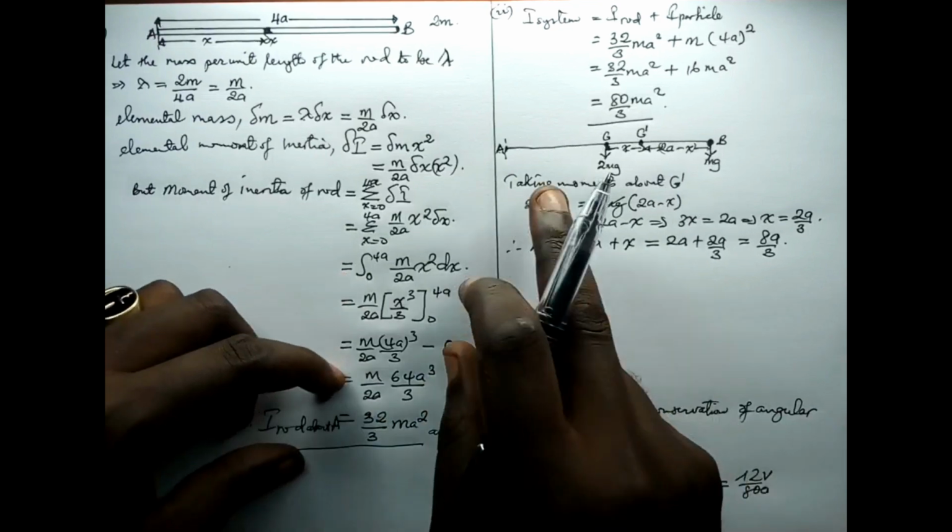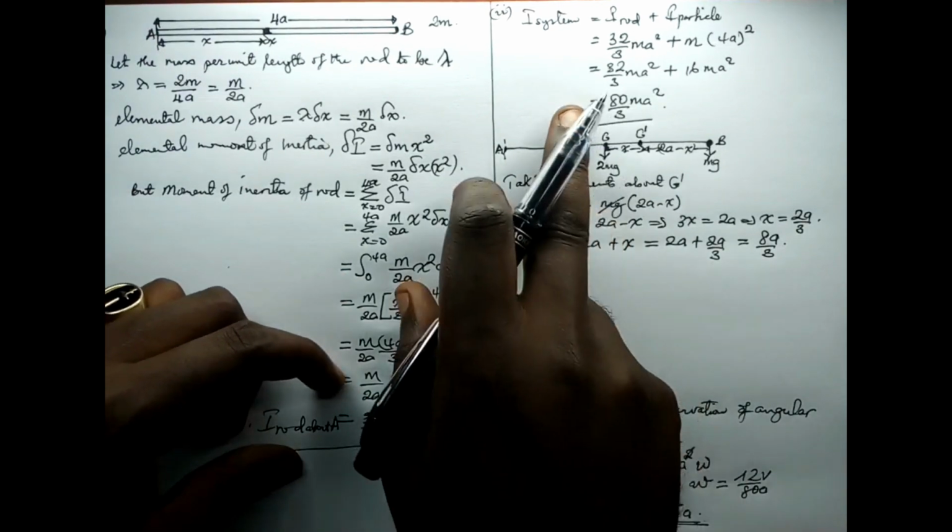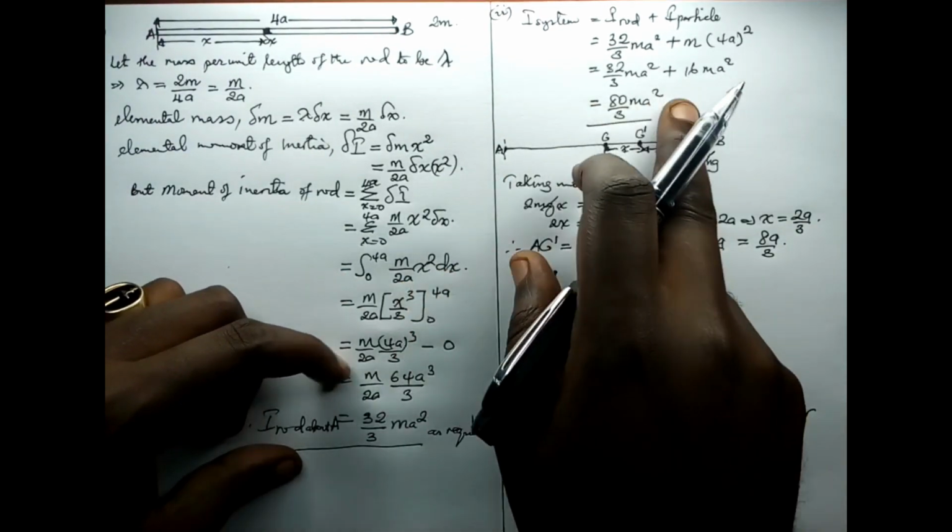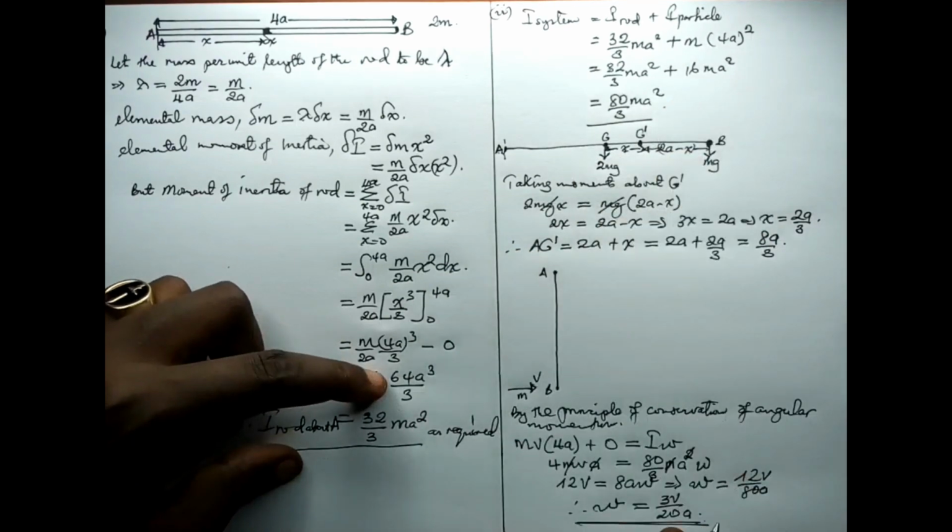Now, from Roman 2, we have that the moment of inertia of the system was 80 all over 3 ma squared, and omega was 3v all over 20a.